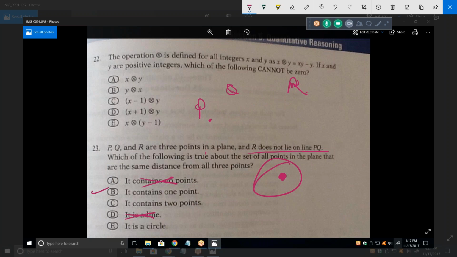So we have P, we have Q, we have R. Is there only 1 point? In other words, if I'm looking for all of the points that are equidistant. Could it be a triangle? Equilateral triangle?